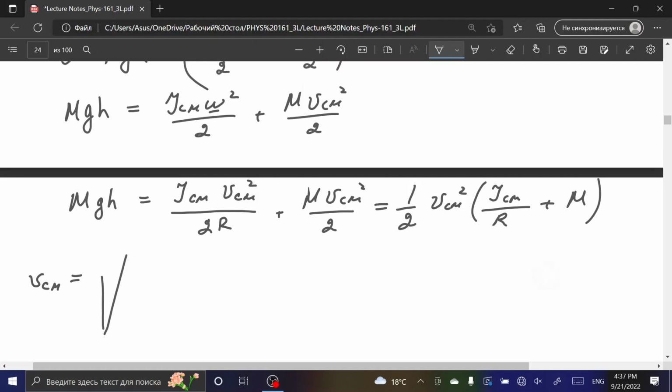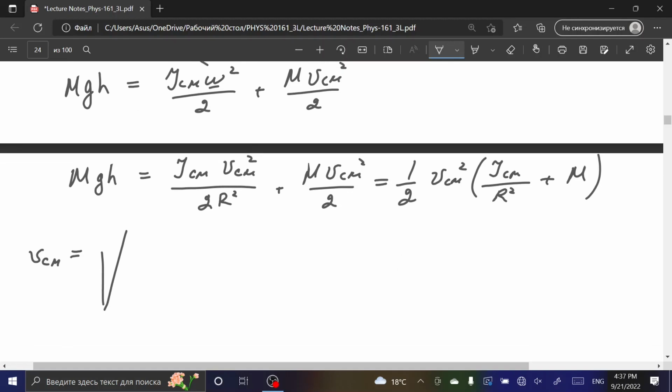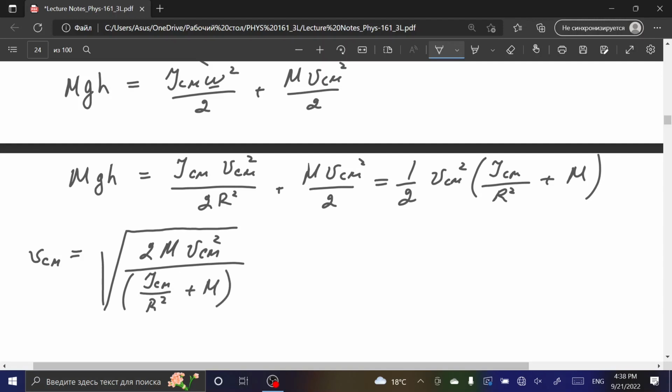Wait, you are right, we put the square here and here. Good, thanks. So we have the square root of 2 times m v center of mass square divided by I center of mass over r square plus capital M.